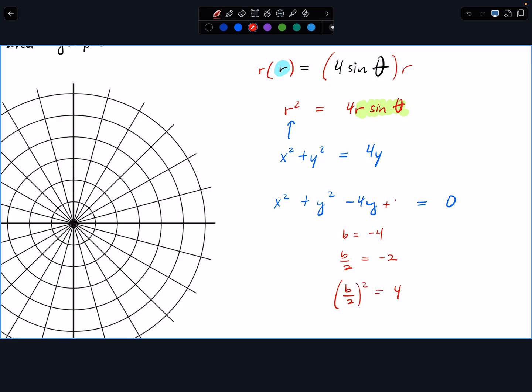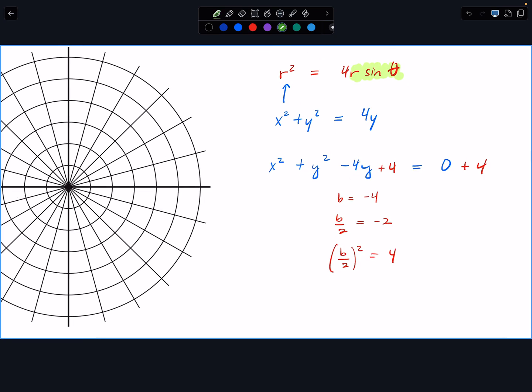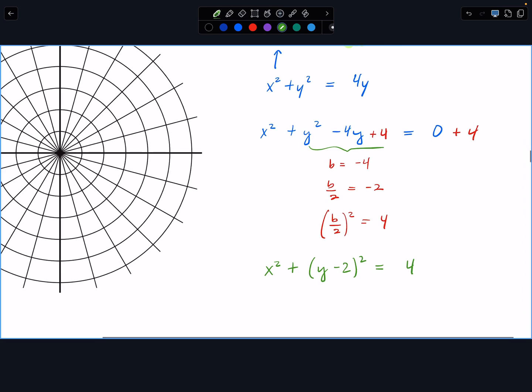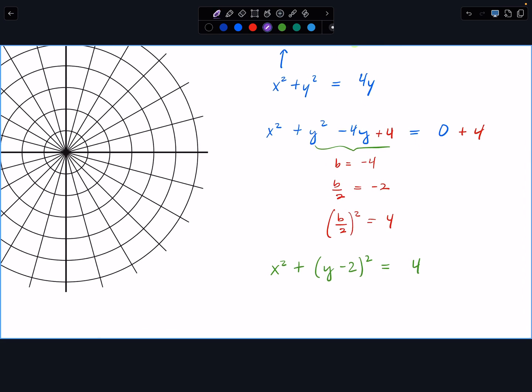So I'm going to add 4 here and then add 4 over here. Using my work, I can rewrite this as x squared plus, remember you guys can factor it now, which number am I going to use in the parentheses? -2. So it's going to be y minus 2 squared is equal to 4. So this is my equation of my circle.